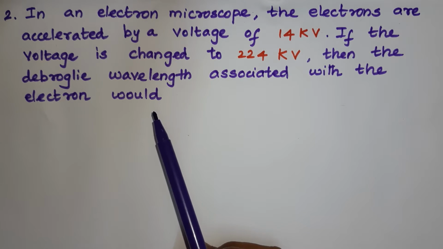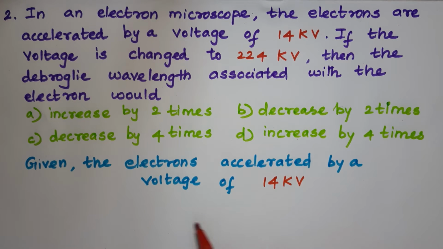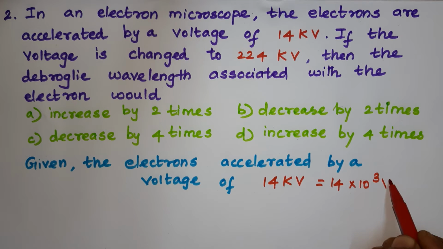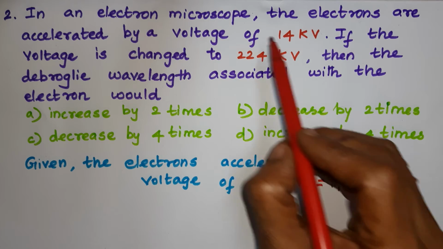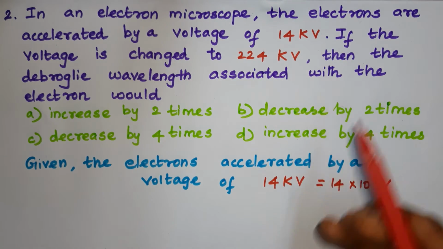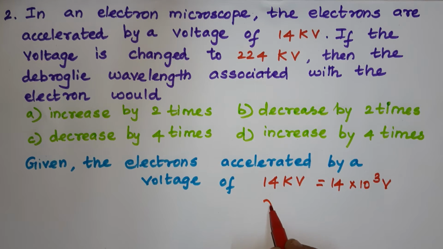The solution is: given the electrons are accelerated by a voltage of 14 kilovolt, which is equal to 14 into 10 power of 3 volt. Here, first the de Broglie wavelength when it is 14 kilovolt, we take that to be lambda.